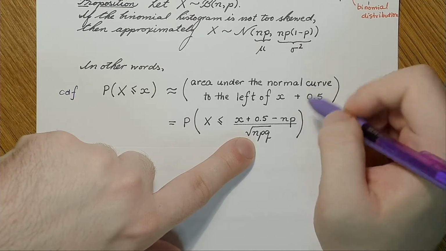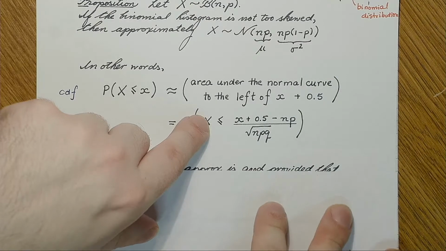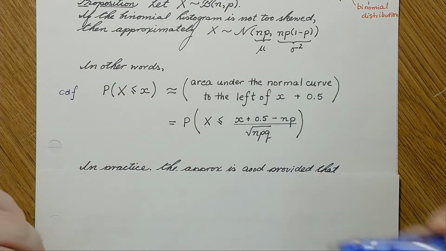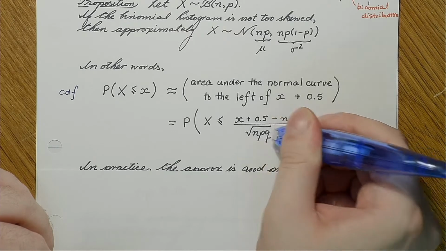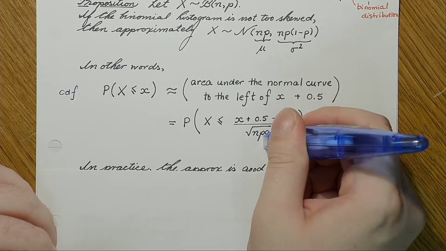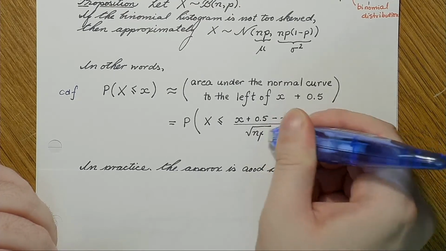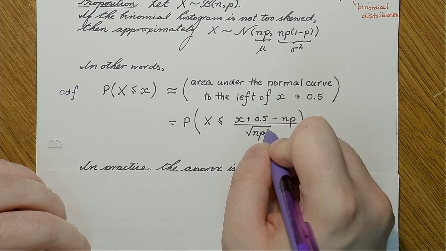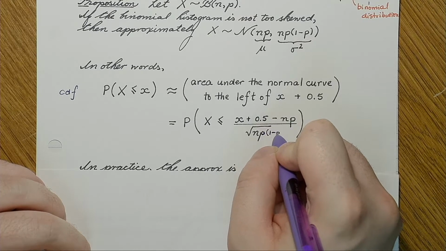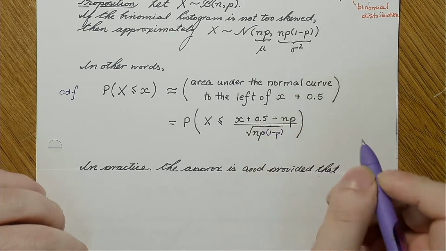And so in this case, oh, and I wrote q. I should be careful because a lot of people will write q, and I prefer to keep writing out 1 minus p. It's one less letter to remember.